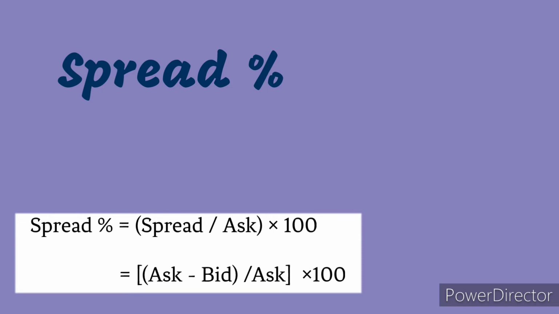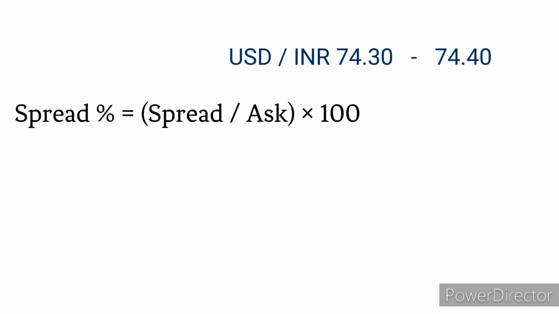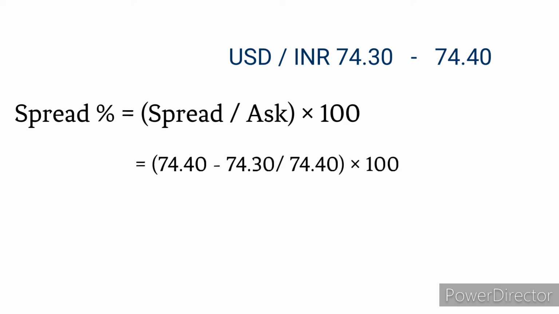Now we will use again the same quotation USD INR 74.30, 74.40. We will put the figures over here. Ask is 74.40 minus 74.30 upon 74.40 into 100.